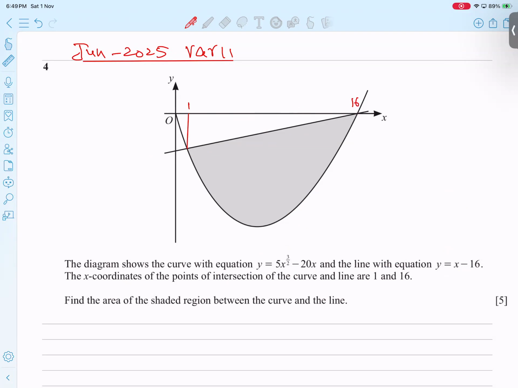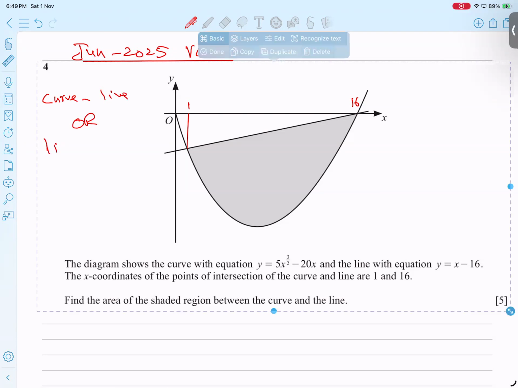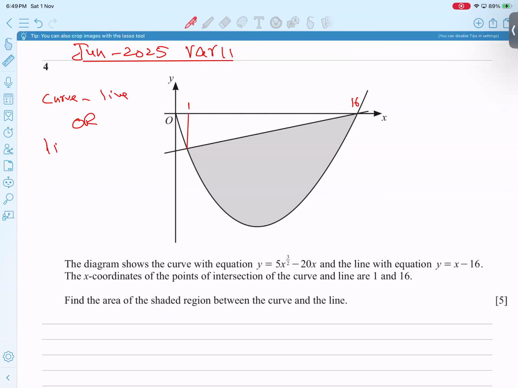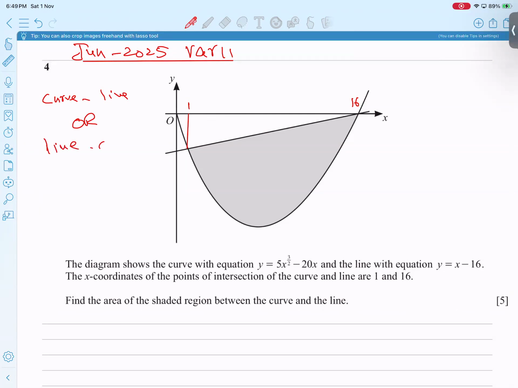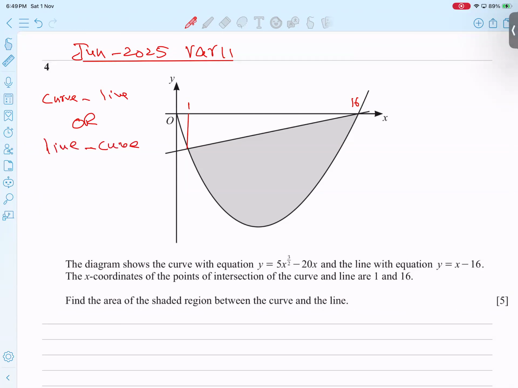Okay, now the first question students generally ask is how to do it: curve minus line or line minus curve. Which is the right option? The best idea, I'll just give an example.